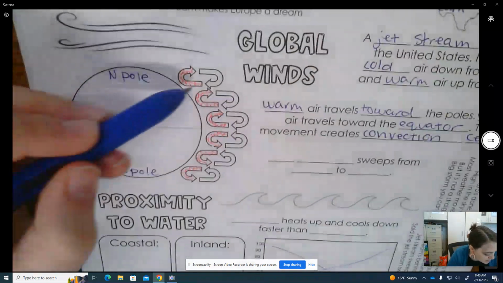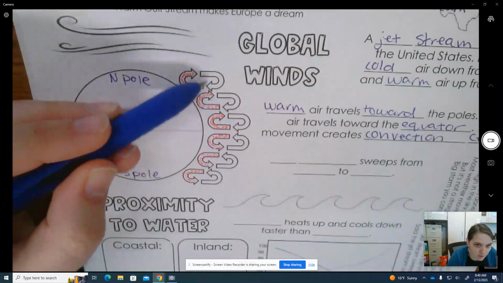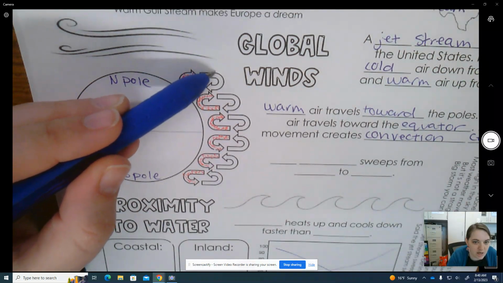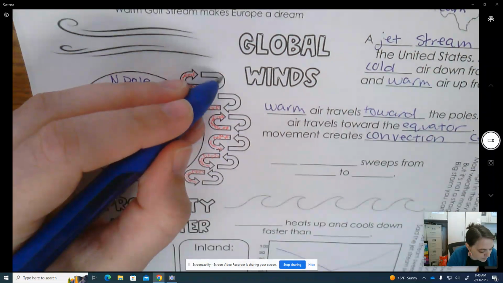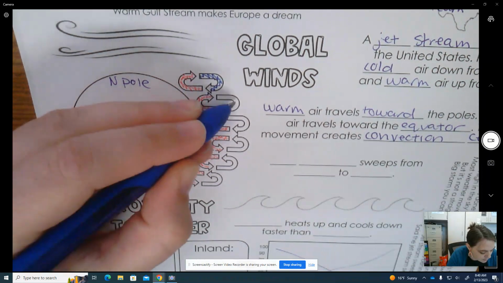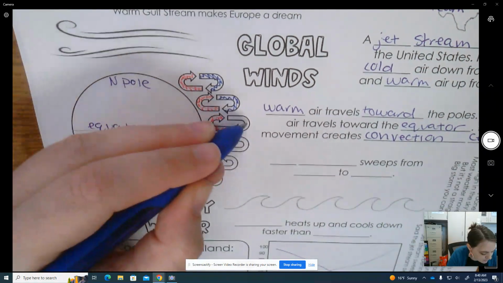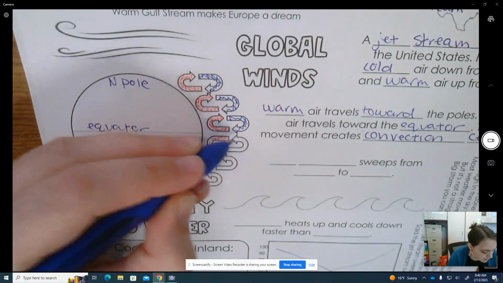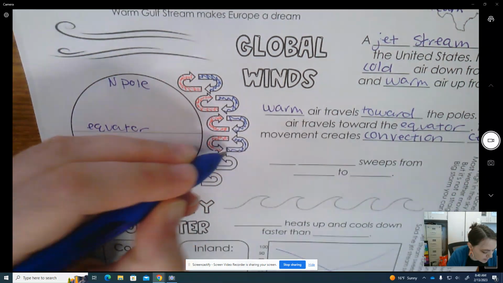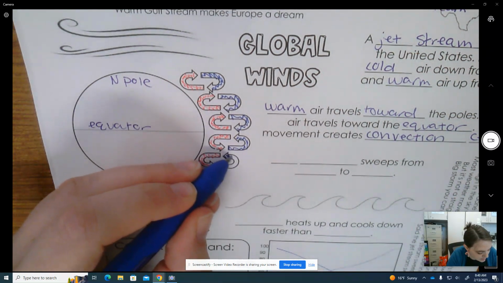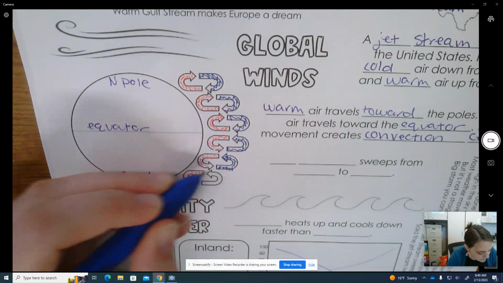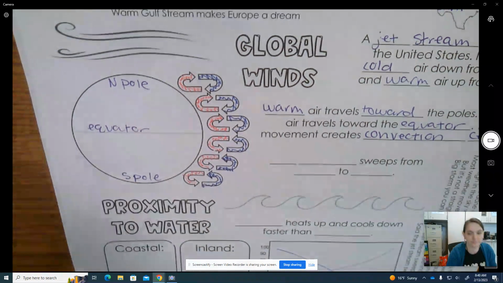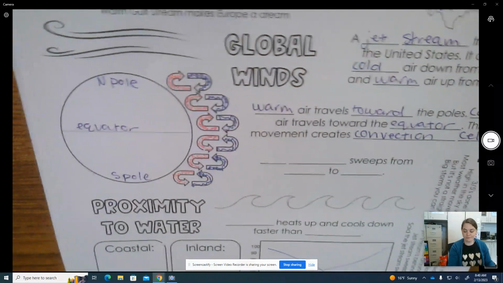Now, if the arrows are going down towards the equator from the poles, it's cold air moving down, so it's going to be blue. You could probably color them a little bit neater than I am right now, but I'm just going to scribble it in because I don't want this video to be too long.